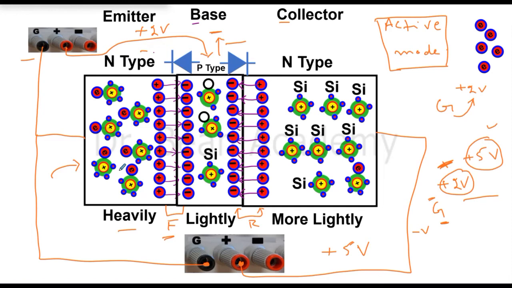So it is like a reservoir of so many electrons, and we want to use this region as a reservoir of free electrons. It will eject them to the base. If it wants to eject to the base, we want this junction to be in forward bias mode, because that is the only way it will eject its free electrons to the base.